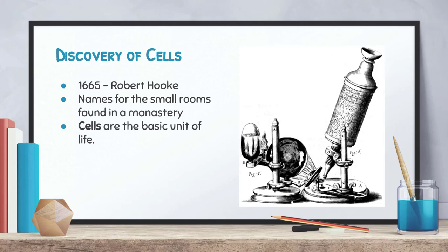And he noticed that there were individual little components there that looked like small rooms found in a monastery, and he named them cells, and we still call them cells today. So cells are the basic unit of life and were discovered in 1665 by Robert Hooke.